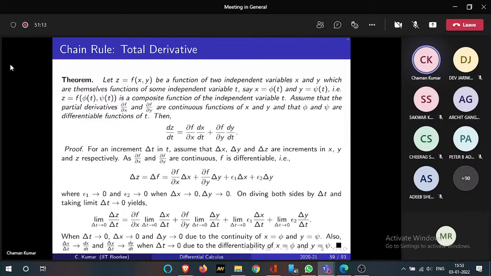So some combination of exponential, some combination of sine, cos, ratio. From there you can guess that the partial derivatives of these functions will exist and will be continuous. If you start proving the continuity of these partial derivatives, it will consume a lot of time, so don't do that.